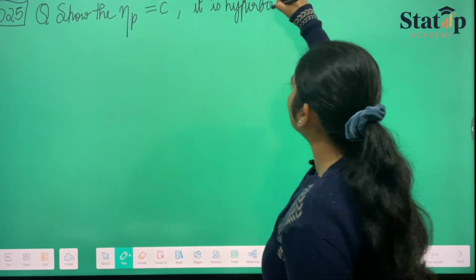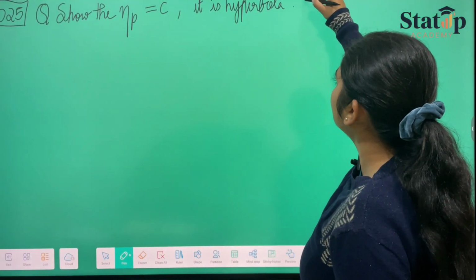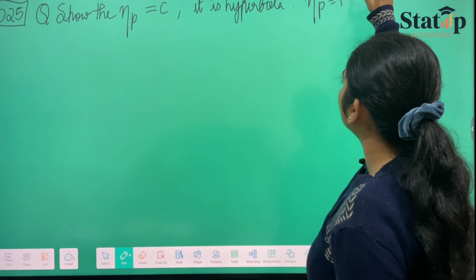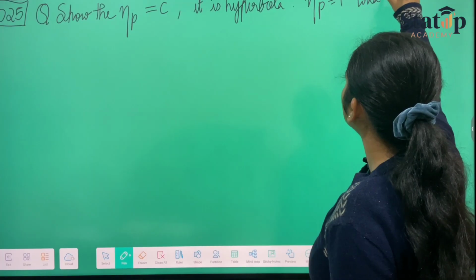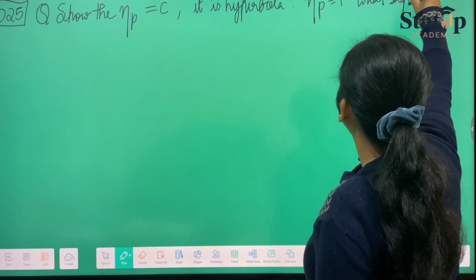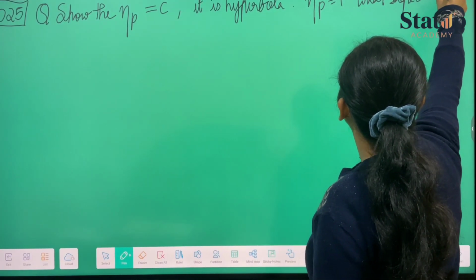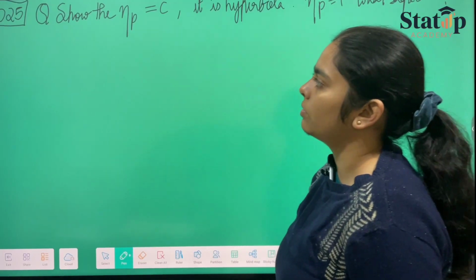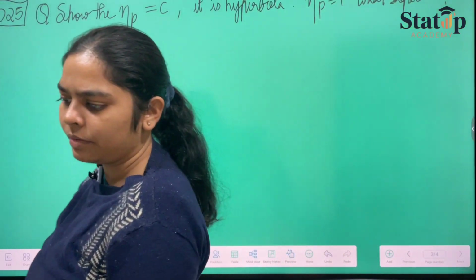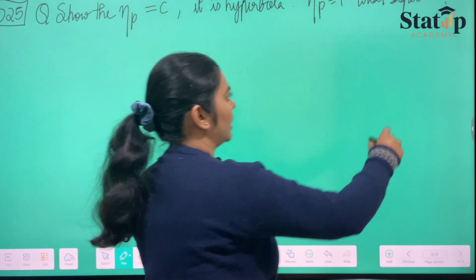And we also have to show that when price elasticity is unity, what is the shape of our demand function. This is the question, and it was a 10 marks question asked in the examination.